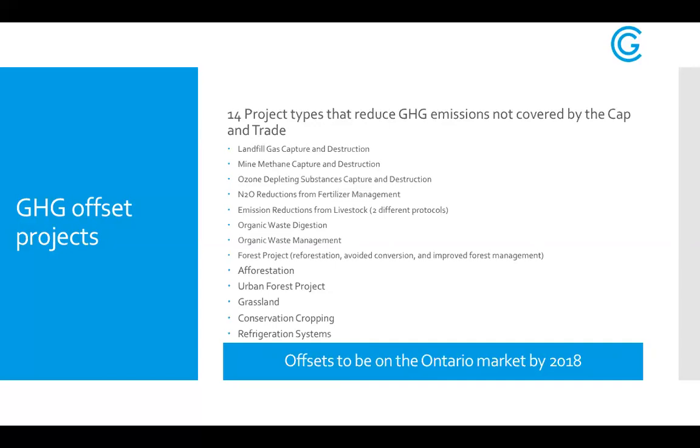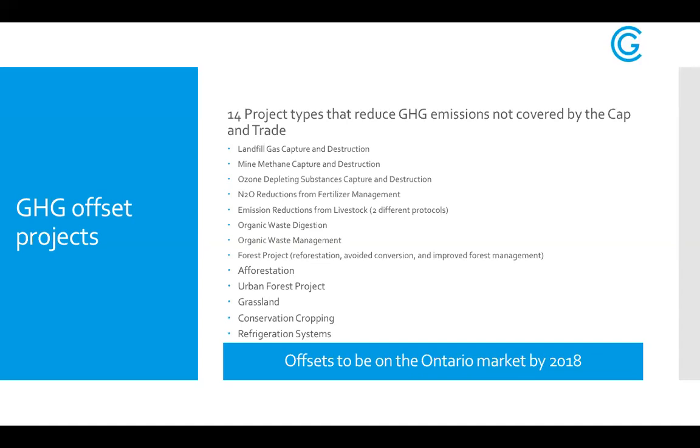These three have been made a priority by the government, and they expect to have these protocols up and ready to be used by project proponents to generate offsets by the end of this year. So essentially, we are likely not to expect any trade or acquisition of offset credits on the Ontario market before the year 2018.